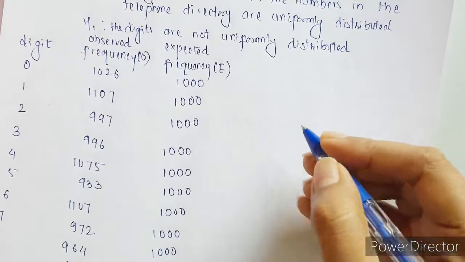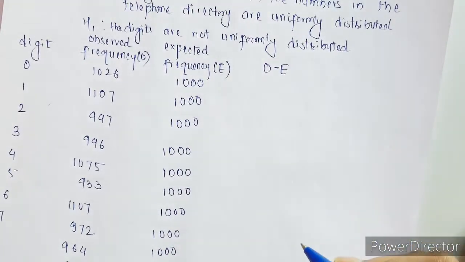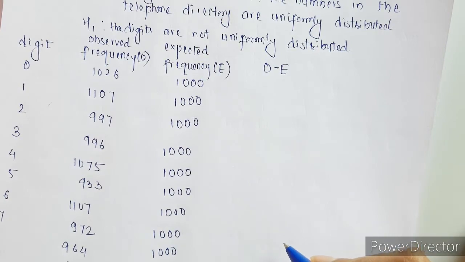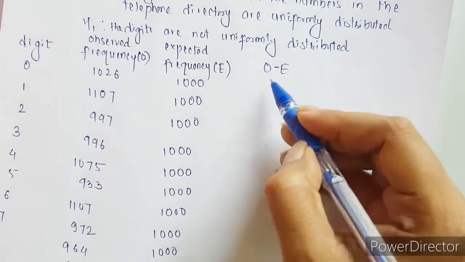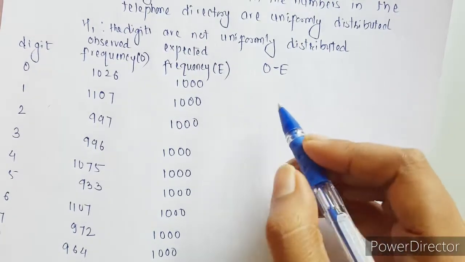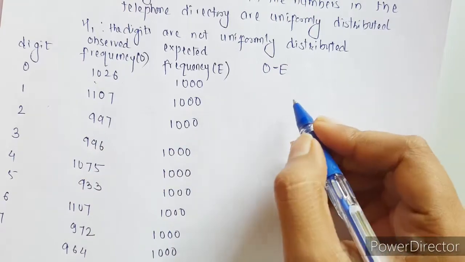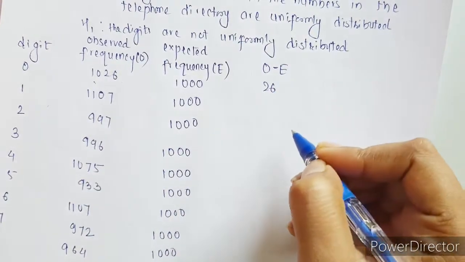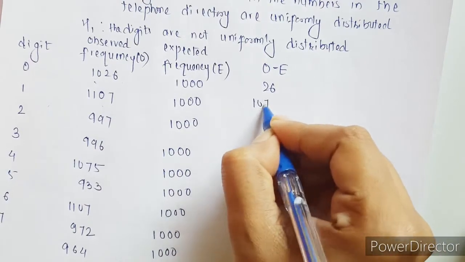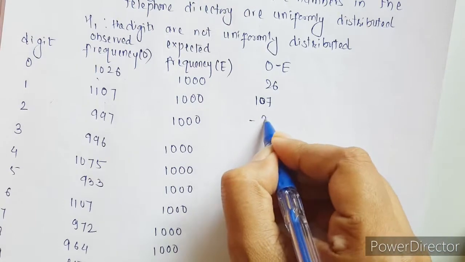Now next thing we have to calculate is observed frequency minus the expected frequency. So it will be 1026 minus 1000, that is 26. Next is 1107 minus 1000, 107. Next is minus 3.